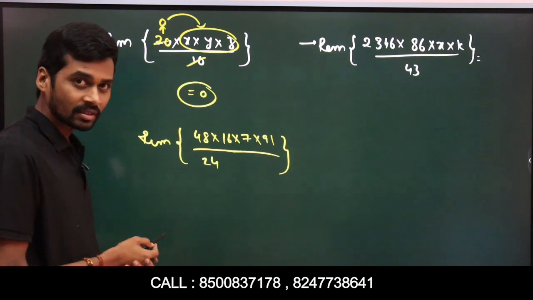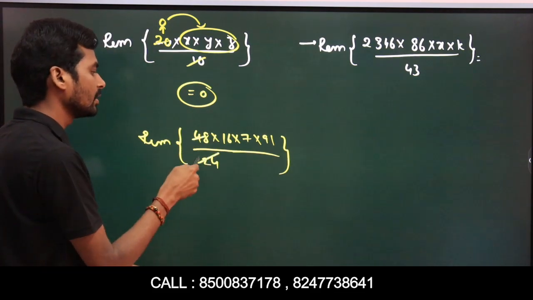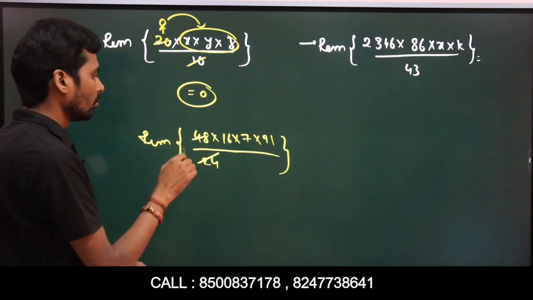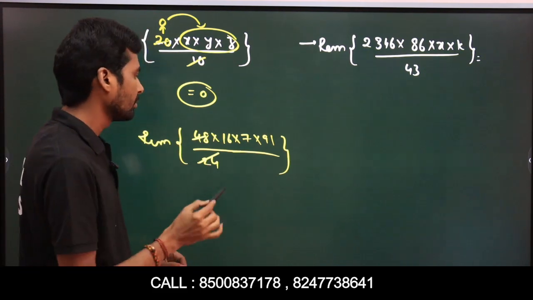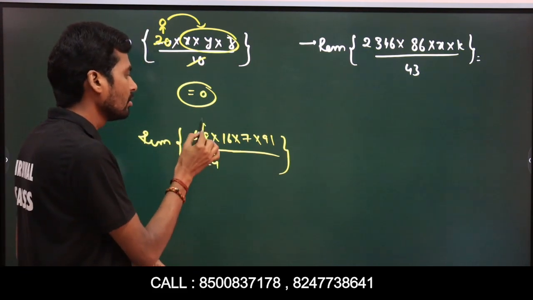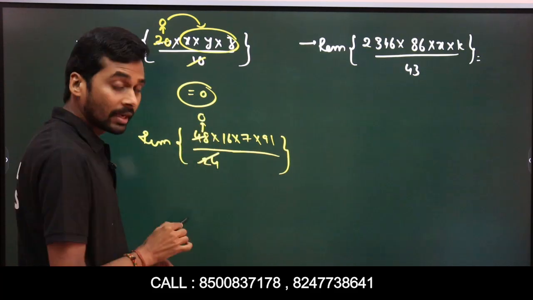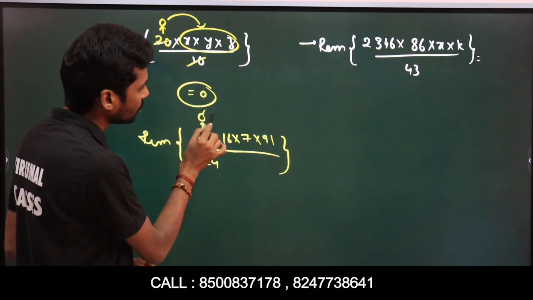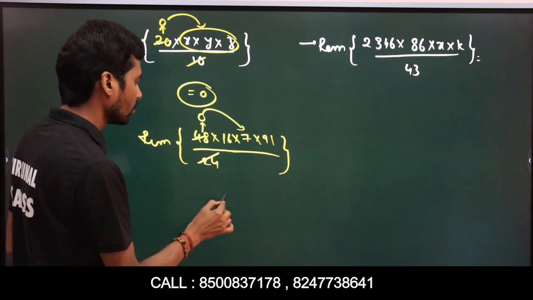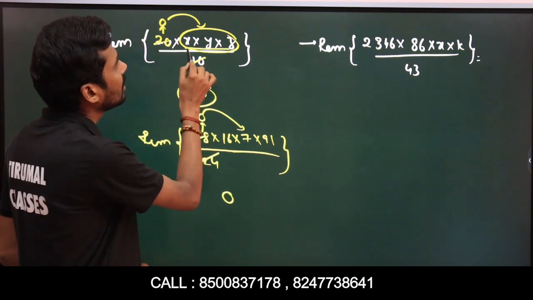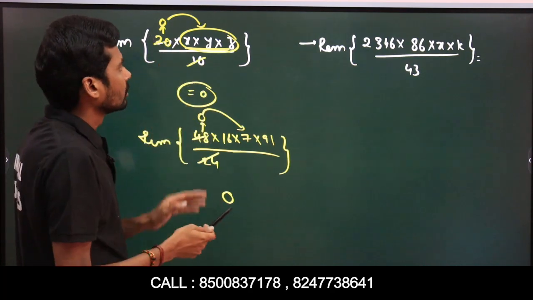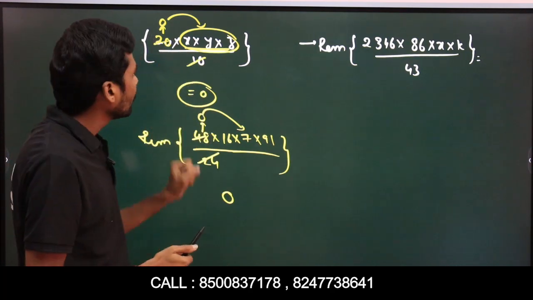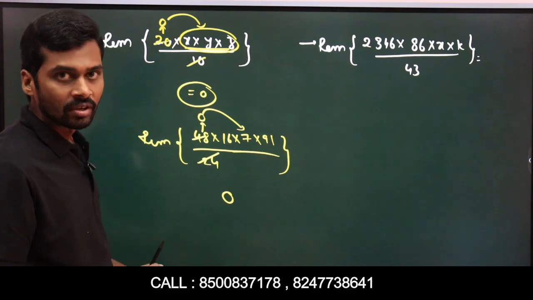If one of the numbers in the numerator is perfectly divisible by the denominator, we are not finding the quotient, only the remainder, so please remember that. What is the remainder? 0. 48 by 24 means the remainder is 0. So 0 into any number is 0, and even if we have any other numbers, the remainder is always 0, because 0 into any number is 0.